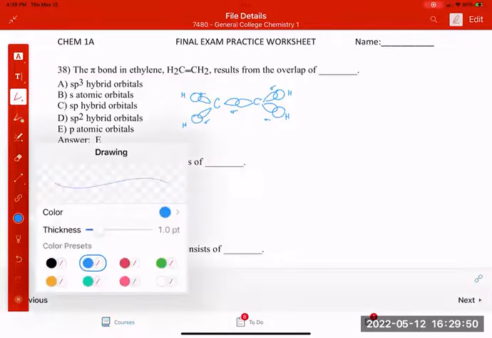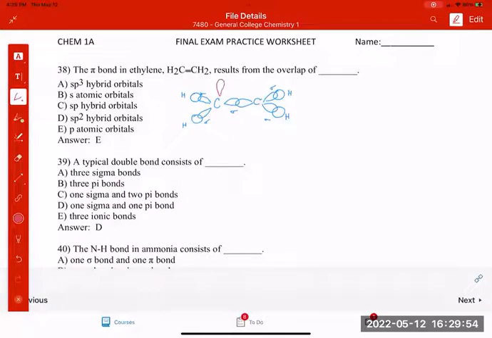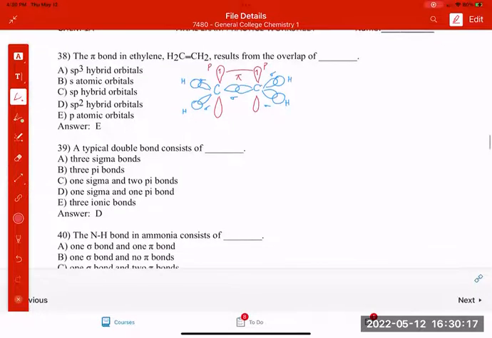Carbon makes 4 bonds, so one of these is not going to be like this. This is a pure p and this is a pure p. Here is 1 electron and this is another electron. These are the p atomic orbitals which do not mix. They are the ones that make the pi bond. So that's the hybridized structure also.